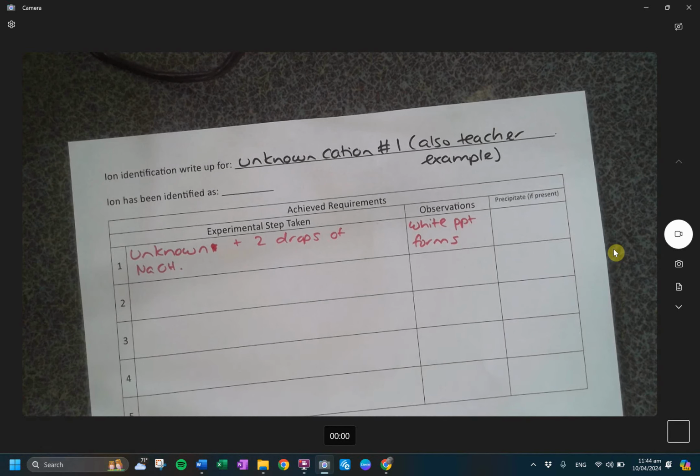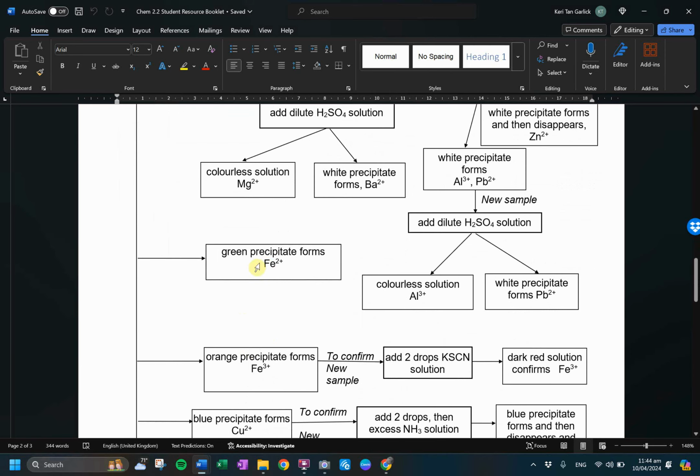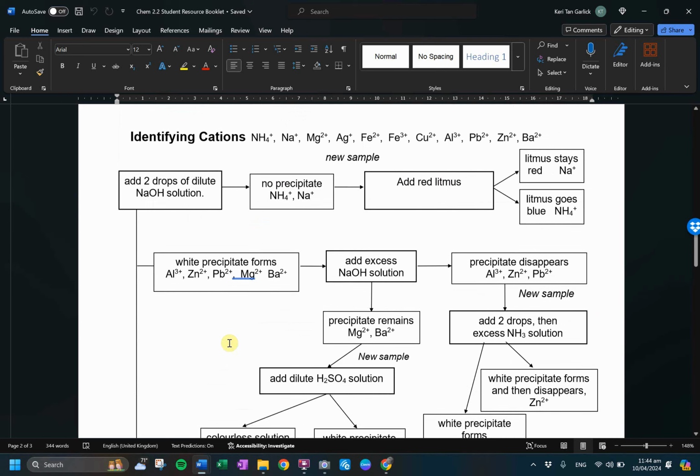Can I just write precipitate forms? No, because I need to specify the color. When we look at that flow chart, there are lots of different colors: white, green, orange, blue, brown. That's going to influence where I go down the flow chart, isn't it? So I need to specify what color it is.